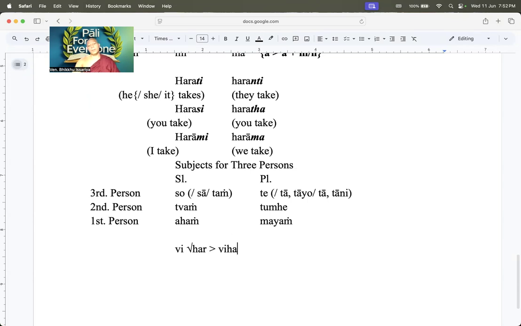So we har. Actually, the meaning of har means to take. But we har, the meaning of that one is to dwell or to stay. So we stay somewhere. That means we are using that place.